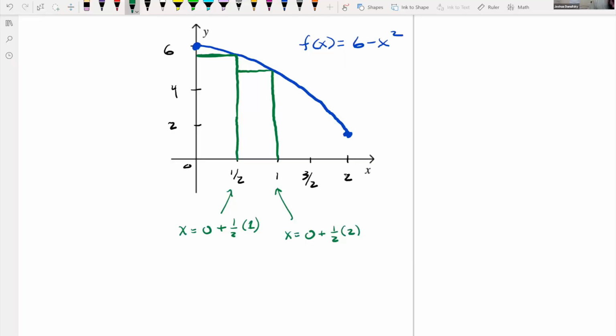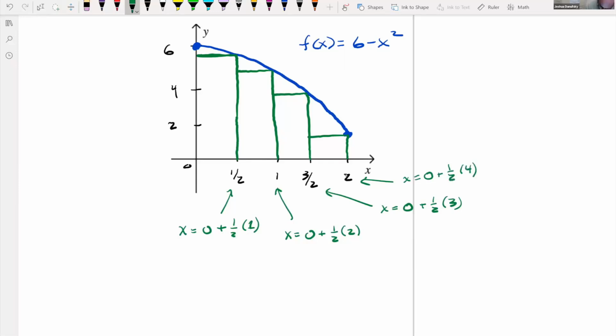The next right endpoint is going to be right here. And you might be seeing a pattern already. We're starting at 0. We're adding delta x, which is a half, 3 times. Then we go 1 more here. To get to that guy, we are starting at 0 and adding 1/2 4 times.